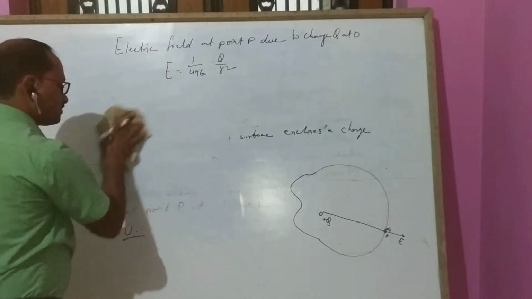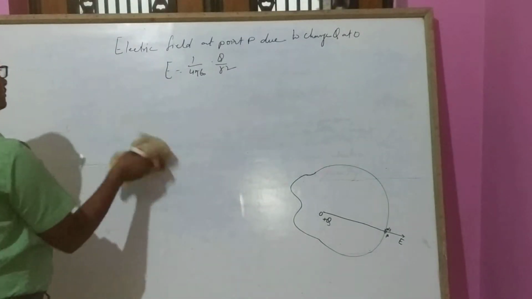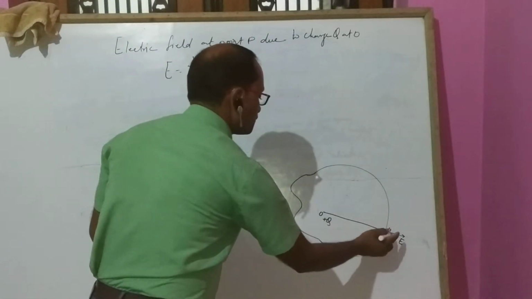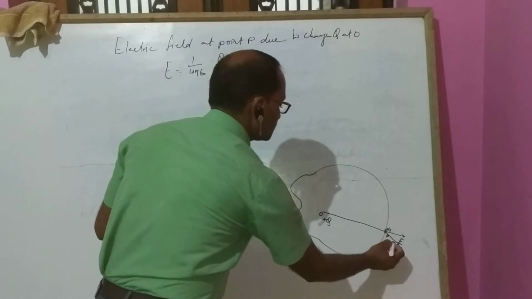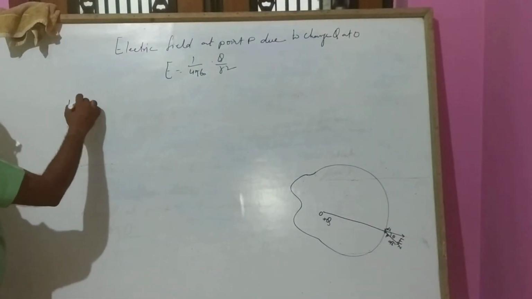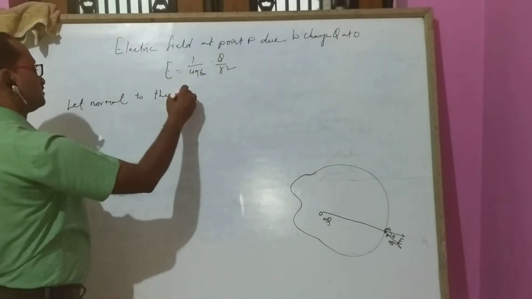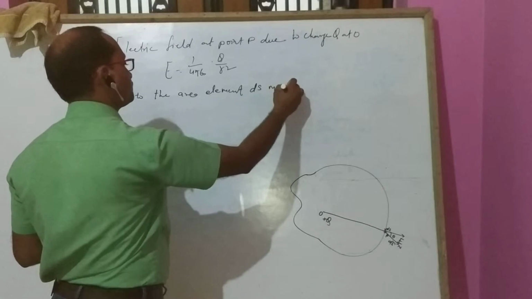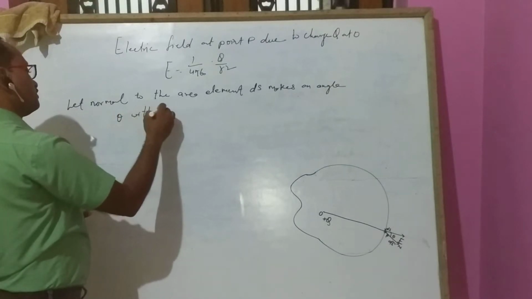Let the normal to the area element dS at point P, Pn, which is the direction of area vector dS, make an angle theta with E, the electric field vector.